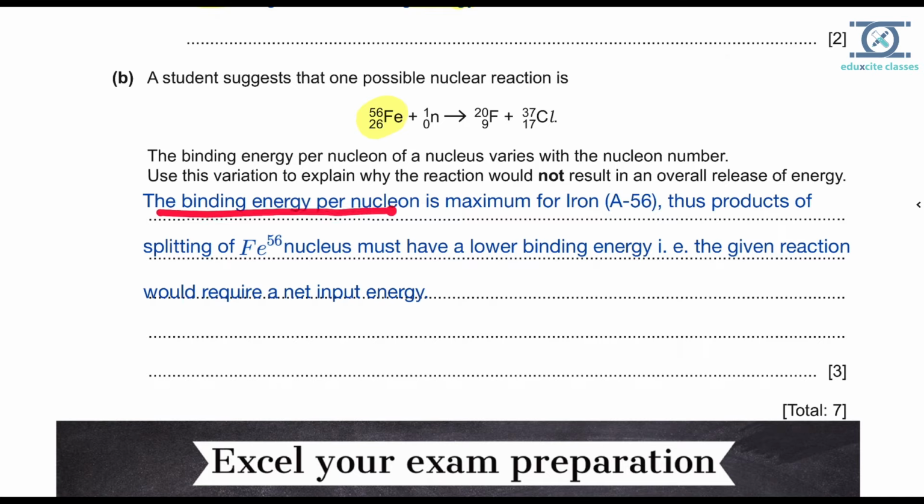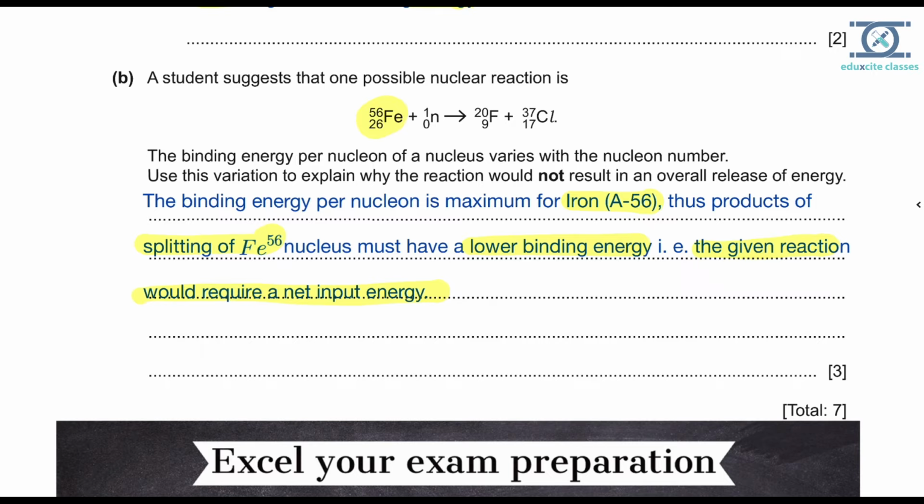So the binding energy per nucleon is maximum for iron, whose mass number is 56. Thus the product of splitting of iron must have lower binding energy. That is, the given reaction would require a net input of energy. It will not release or emit any form of energy, because it is the most stable nucleus among all the elements present on earth.